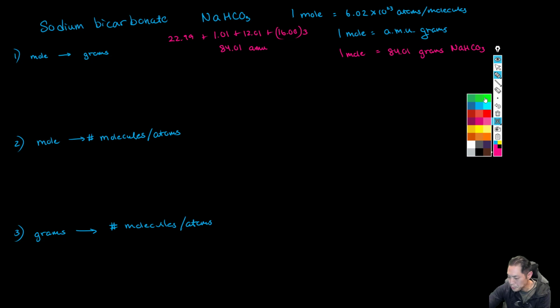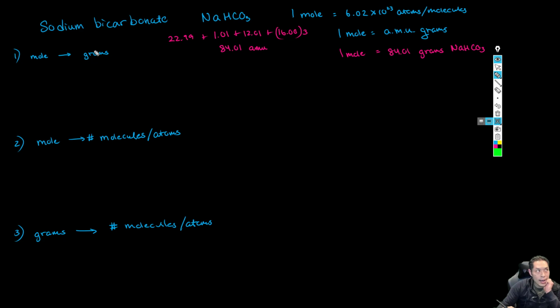So the first one is we're going from moles to grams. So let's say we had, just make up a number, 2.4 moles of sodium bicarbonate, NaHCO3. Now I'm going to look over here and say, okay, I want to go from moles to grams, so I want to look at the relationship that has grams and moles, and that's this one.